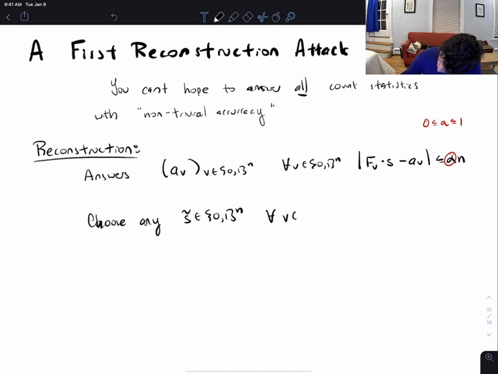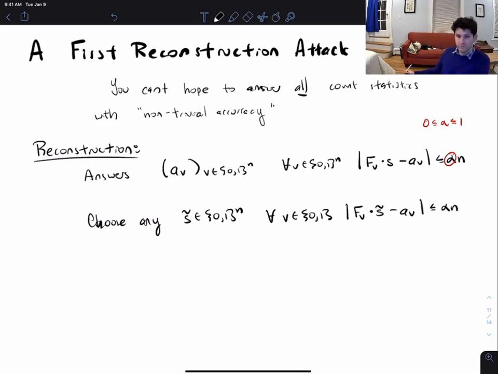Well, it means that for every query, S tilde should plausibly be the correct set of secrets, which means that |v dot S tilde minus the answer to that query| has to be less than alpha n, right? Because the correct vector of secrets would satisfy that guarantee. So if the vector S tilde doesn't satisfy that guarantee, it can't be the true vector of secrets. So I'm going to choose any vector that cannot be ruled out based on what I know about the true vector S.